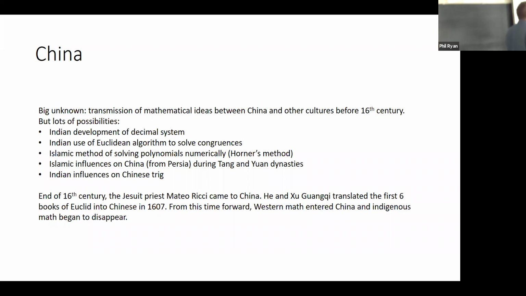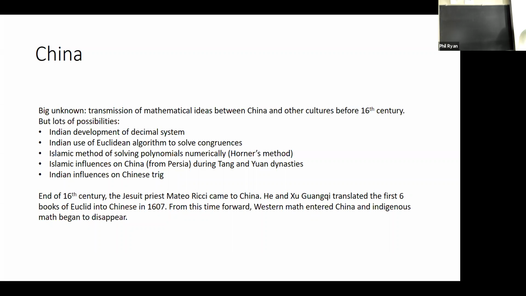So it's possible that the Islamic method of solving those polynomials numerically, maybe that idea originated in China. There's definitely Islamic influences on China, mainly coming from Persia, which happened during the Tang dynasty, which remember was around 800 as well.